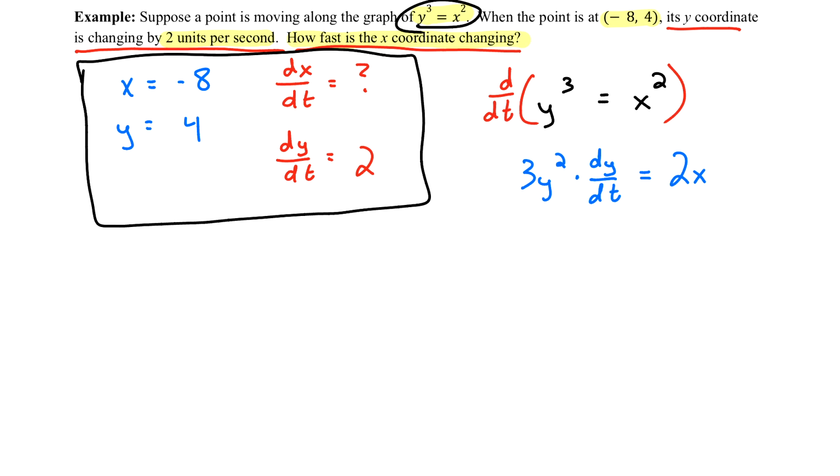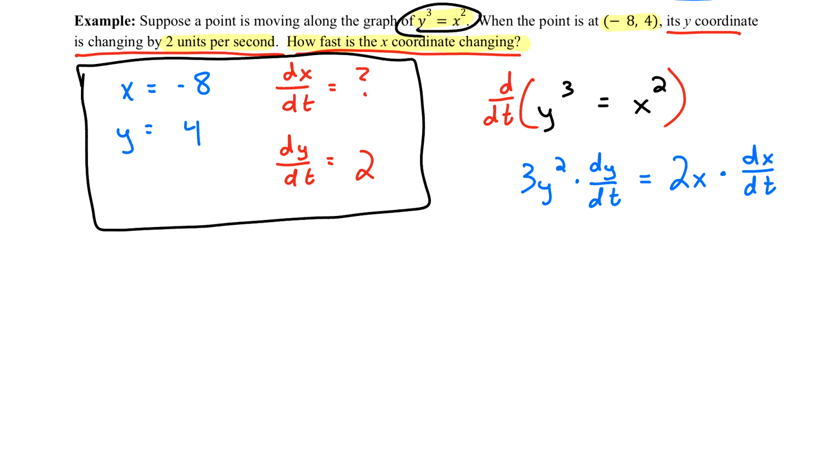But again, x is a function of time, so that means I need to multiply by the derivative of x with respect to time, or dx over dt. So here I have my derivative. I've got 3y squared times dy over dt is equal to 2x times dx over dt.